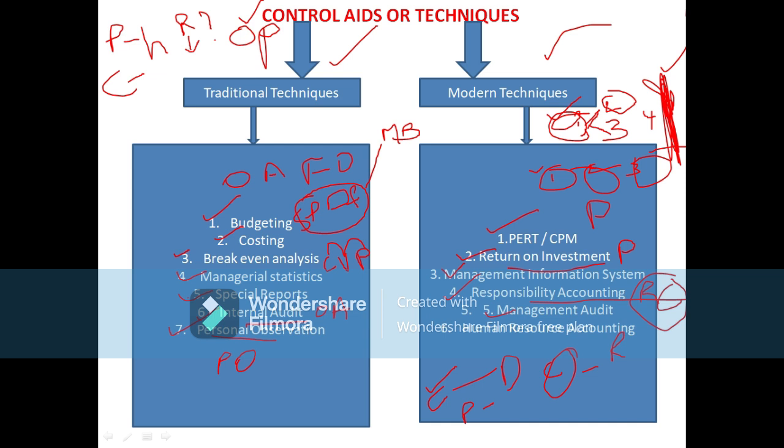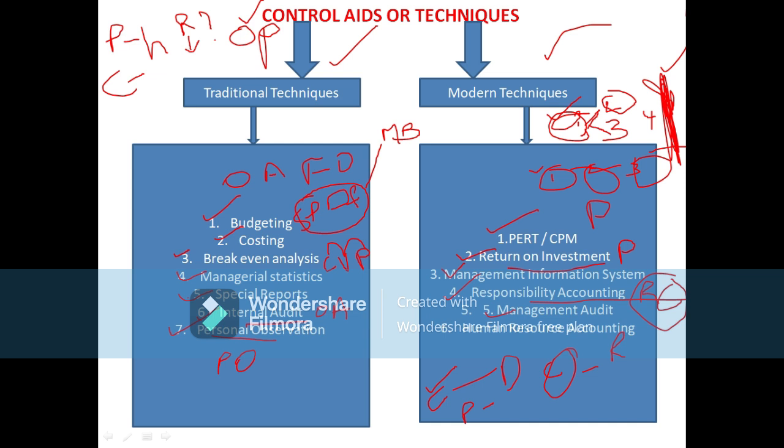Independent evaluation means that for each function like planning, organizing, staffing, directing, controlling, each managerial person will be analyzed and evaluated. Such a critical evaluation of the management process is called management audit.